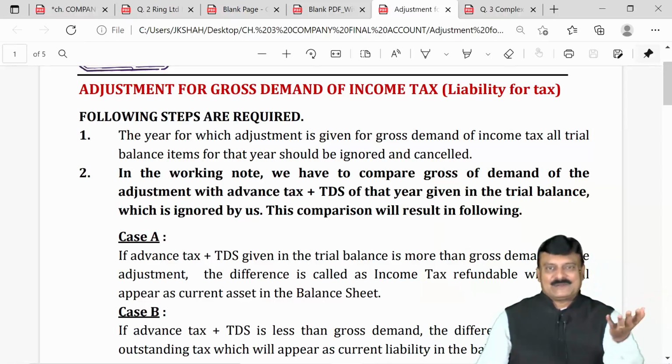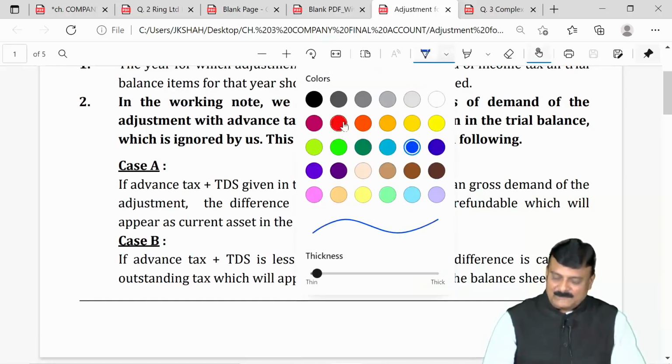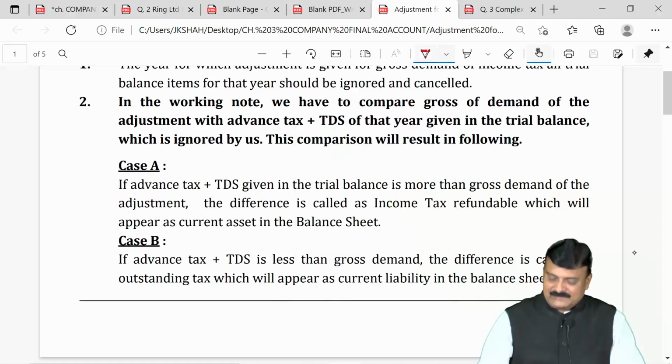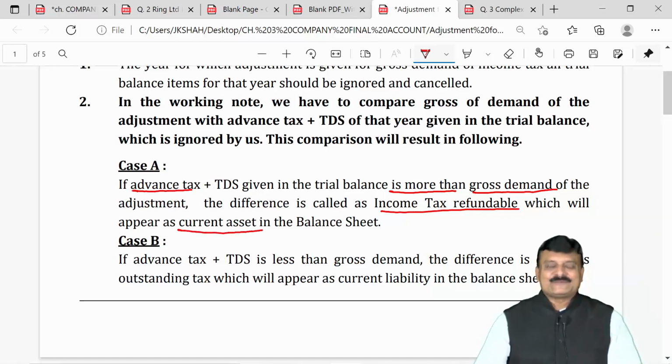So definitely 10,000 will be income tax refundable, which will appear as a current asset in the balance sheet. So if advance tax is more than gross demand, what it will result into is income tax refundable, which is a current asset.